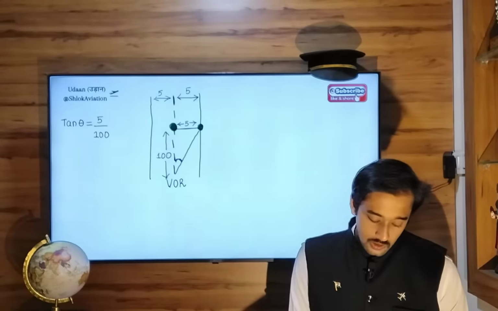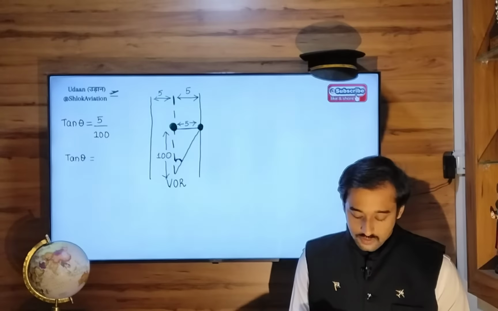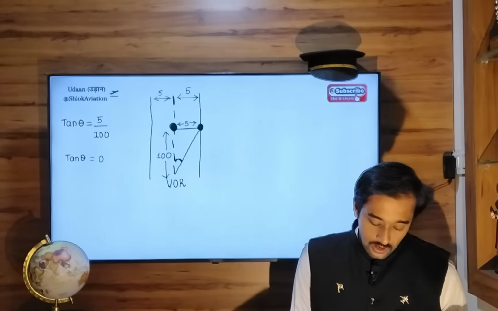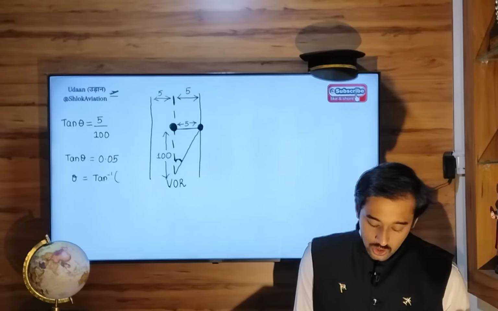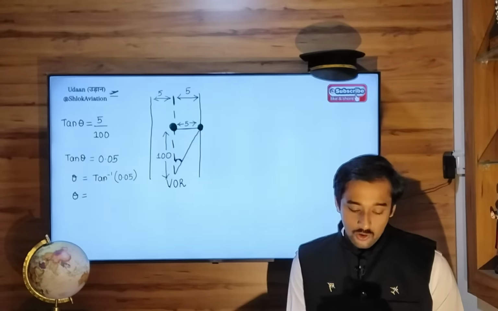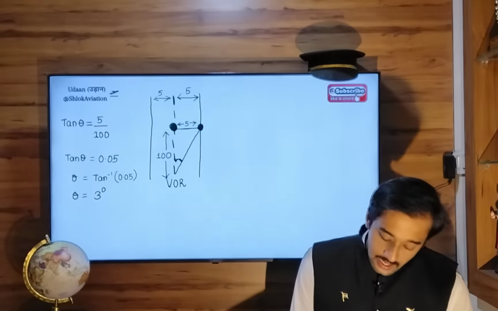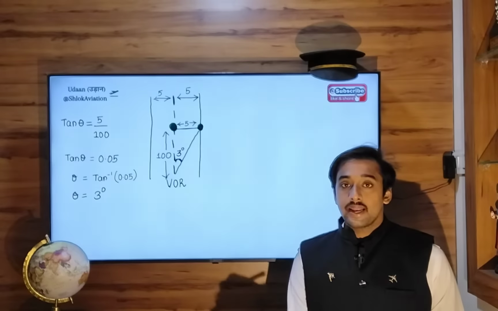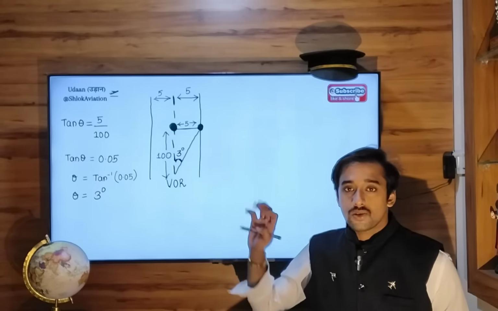So tan theta will be equal to 0.05. So theta will be equal to tan inverse 0.05. So shift tan inverse 0.05 will give you an angle of approximately 3 degrees. So this is the 3-degree error. The error between this center line and this track, the airway boundary, is 3 degrees.